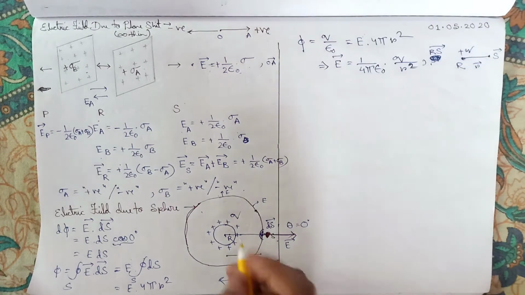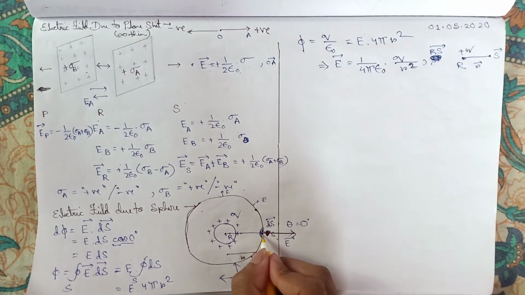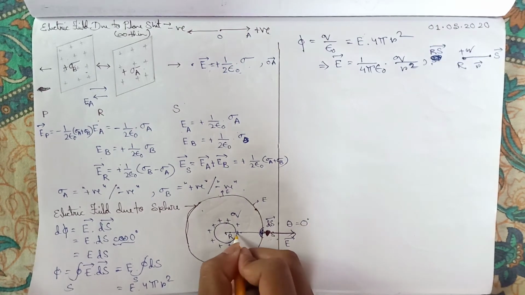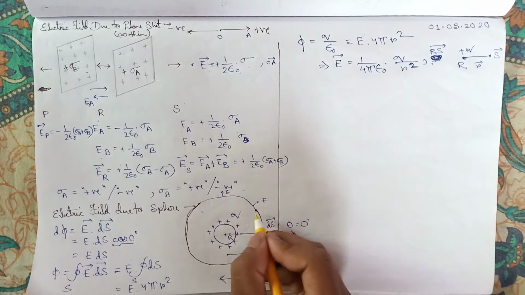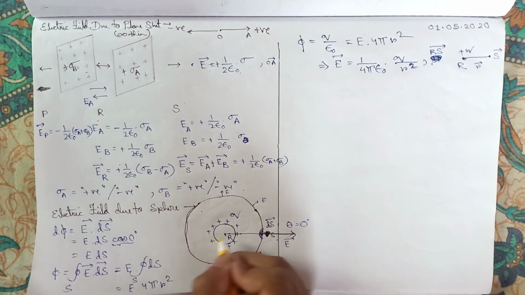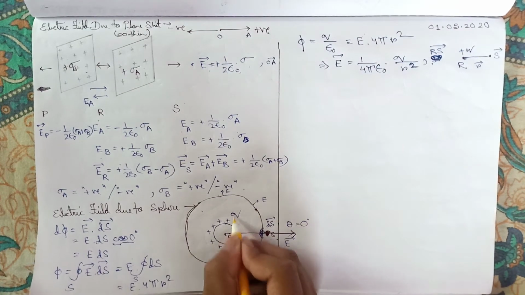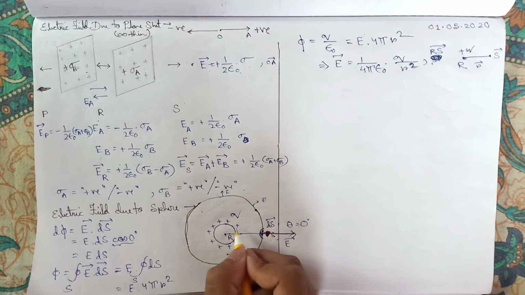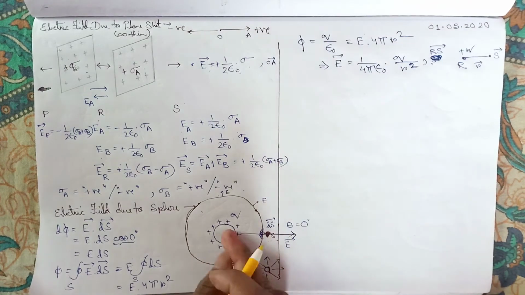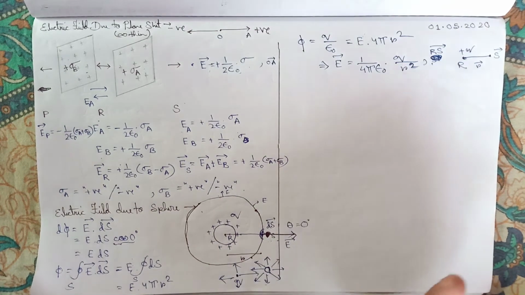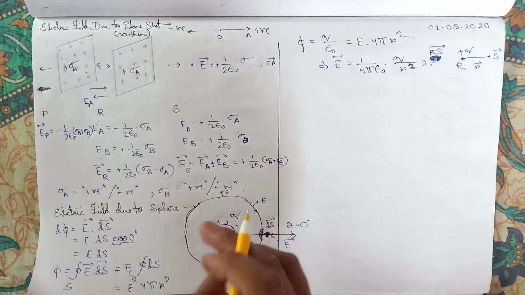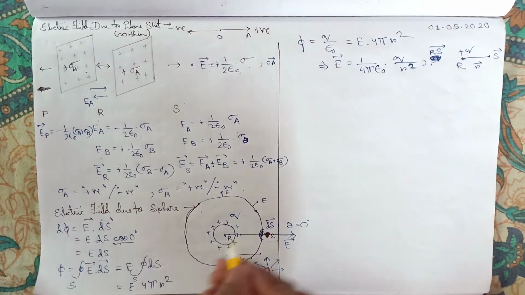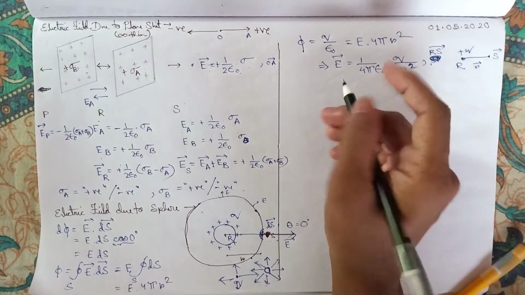Now what if this point S is lying on the surface? Then again the same concept. This sphere will coincide with this sphere, so this q charge will be enclosed by the same radius r. This is the electric field outside.